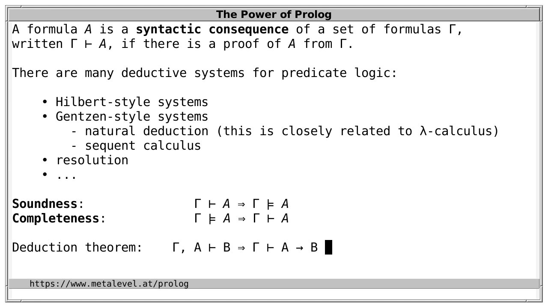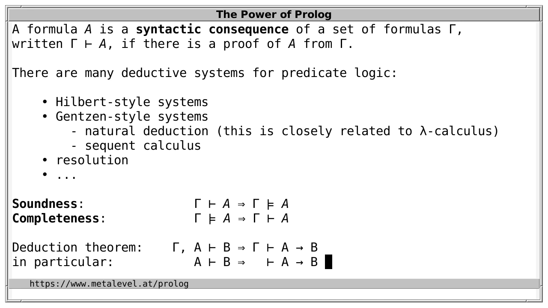This means essentially that if we can prove something, say B, under a specific assumption, say A, then we can also prove that A implies B. And that's a rather important theorem for mathematical proofs, because this gives the formal justification for conditional proofs, where we assume A, then starting from the assumption A, prove B, and then, in a surprising turn of events, conclude that we have proved A implies B. And the deduction theorem shows that this reasoning is indeed justified, at least with the deductive systems I mentioned.